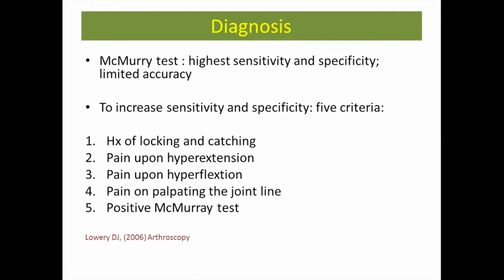So to increase the sensitivity and specificity, the authors, Lowry et al., have enumerated some criteria like history of locking and catching, pain upon hyperextension and hyperflexion, and palpation of the joint line. With a positive McMurray test, this will lead us to the diagnosis of the meniscal injury. And among these, of course, the pain on palpating the joint line is also very important to come to a conclusion that the patient might have meniscal injury.